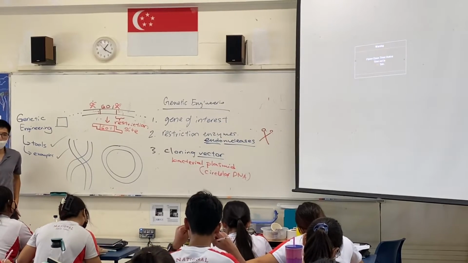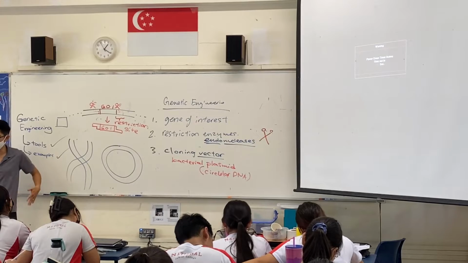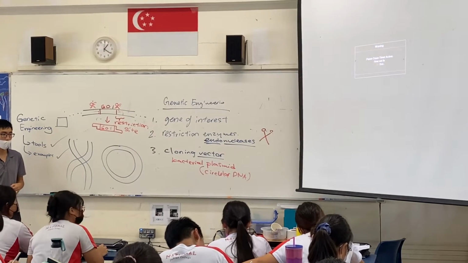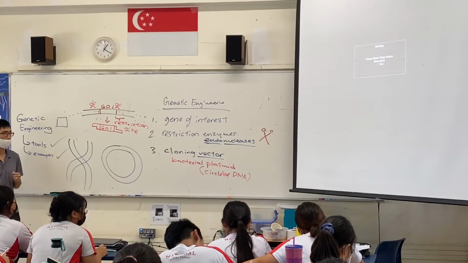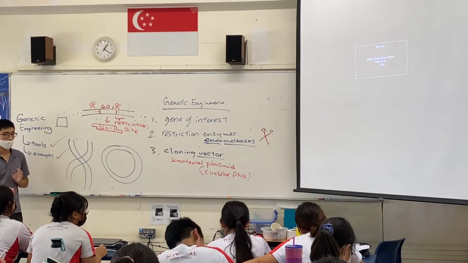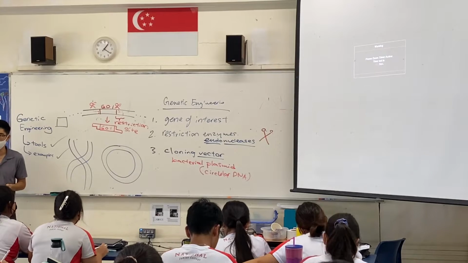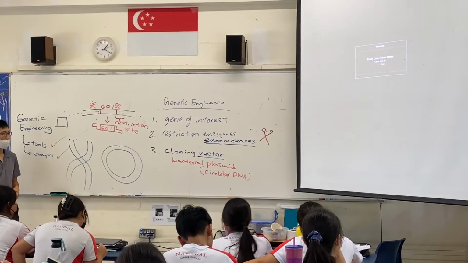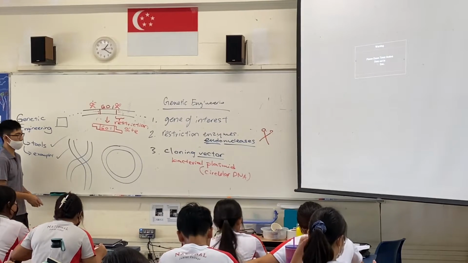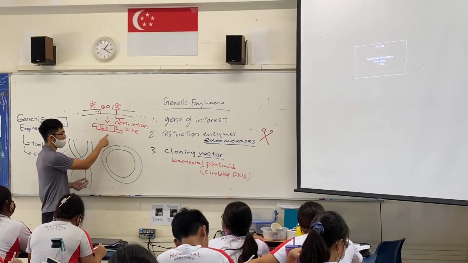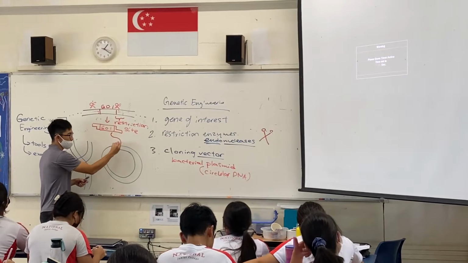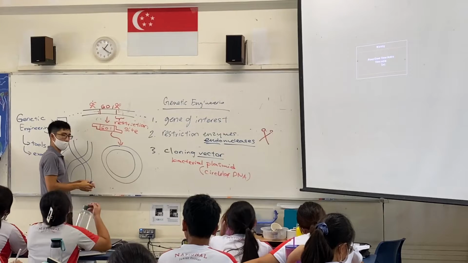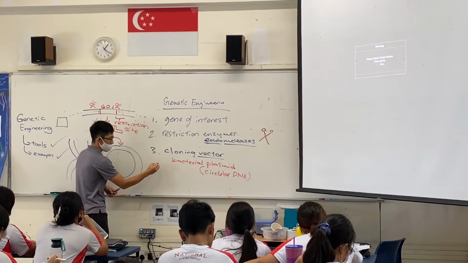In a while, I will give us the opportunity to perform this. Here, I've prepared several slips of paper with DNA on it. We're going to try to create a cloning vector with a gene of interest inside. Last step, we need to put this gene of interest into the cloning vector so that you'll end up with something like that.